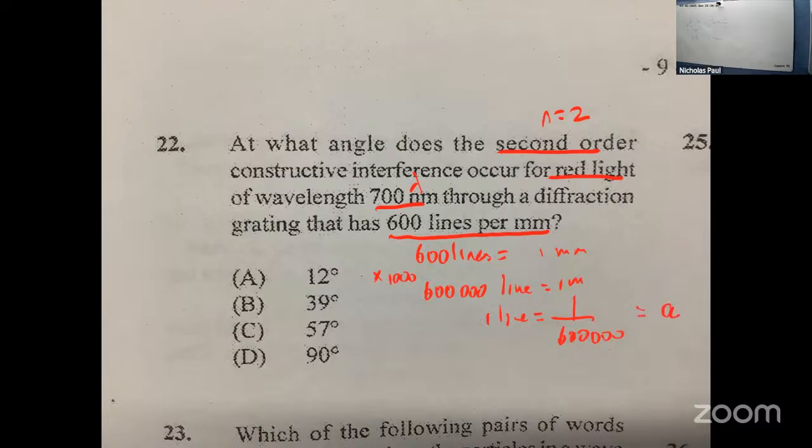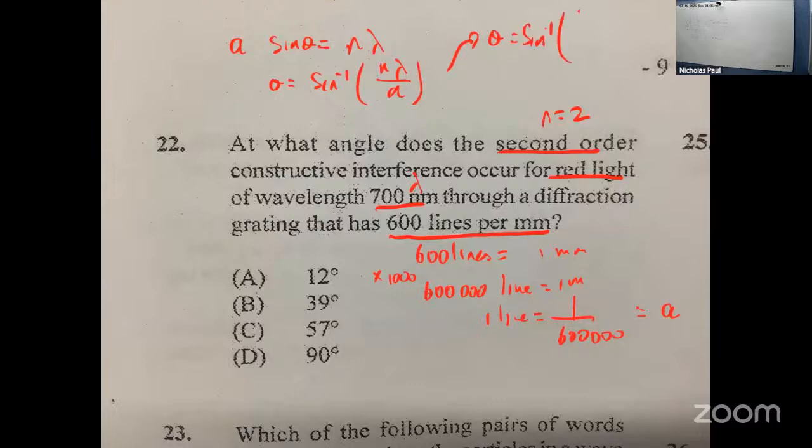Now that we have the value for a, we can work out a sine theta is equal to n lambda. We want to find theta. So theta is sine inverse of n lambda over a. The wavelength is 700 nanometers, so that will be sine inverse of 2 times 700 times 10 to the minus 9 over a, which is 1 over 600,000.